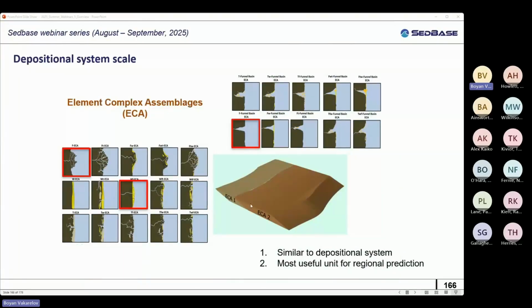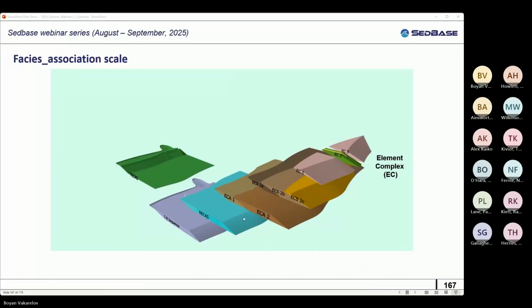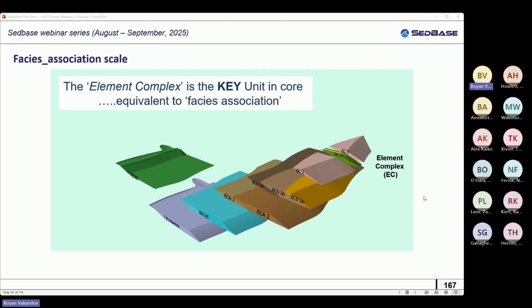Okay, and in this case, we actually have three different types of units present. So we have an ECA, an ECS, and a child of the ECS is this element complex unit. Now, the element complex unit is very important for us because this is the unit we want to use when we are describing core. So this is your local facies association in a way. So imagine that in this case, we might have a delta lobe with three different element complexes.